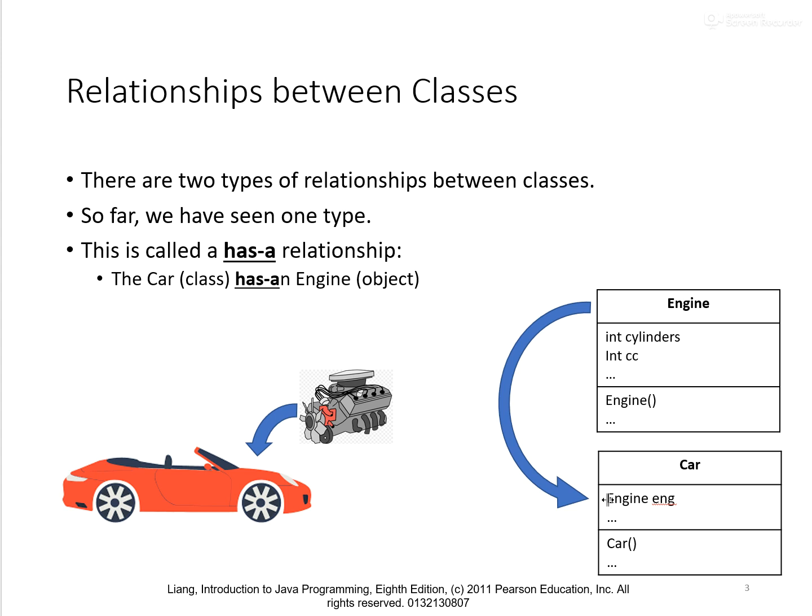Among those member variables can be an object of class engine, so the engine-specific information can be contained within this engine object inside the car class. We have already seen that, for example, when we added a date object inside of a class. These are has-a relationships.